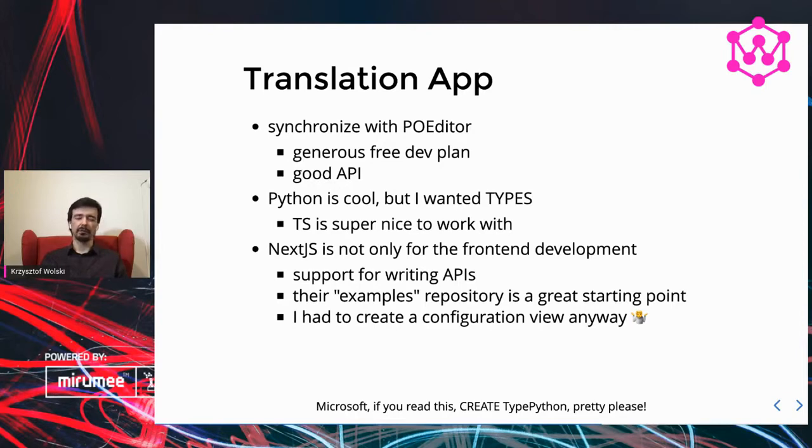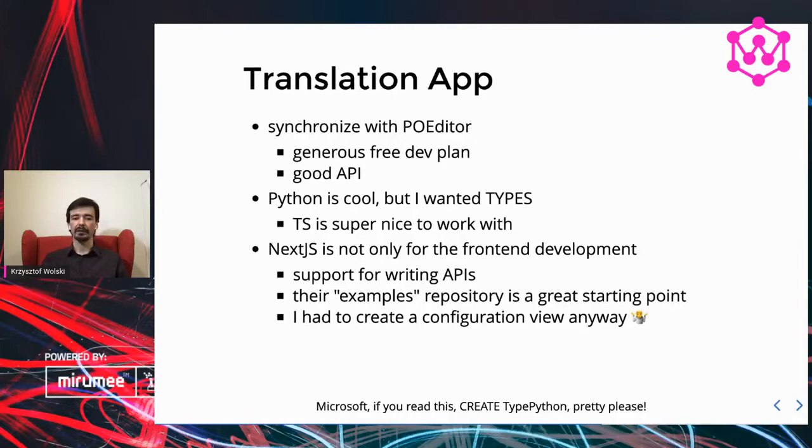Writing in Python was okay, but from the work on the front end, I've seen how cool it is to have TypeScript compiler shouting at you when you are writing bugs in your code. So I wanted types. So TypeScript was chosen for this project.